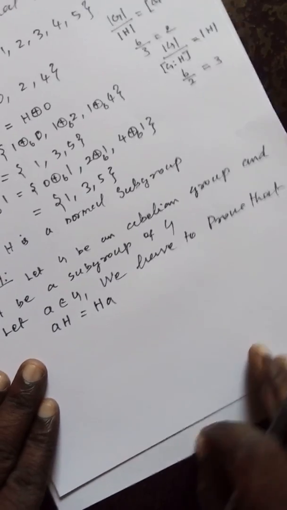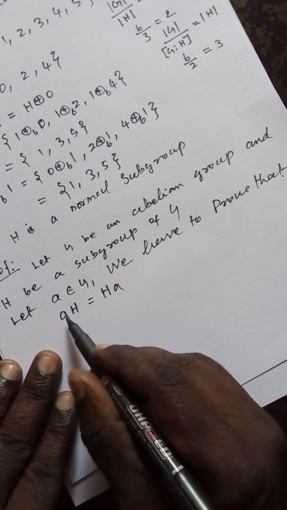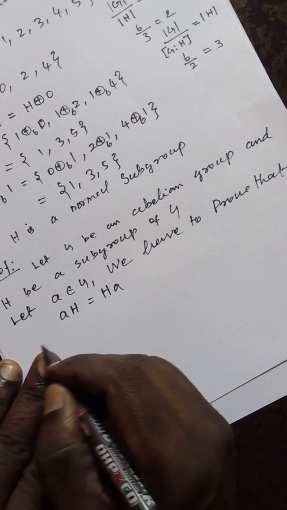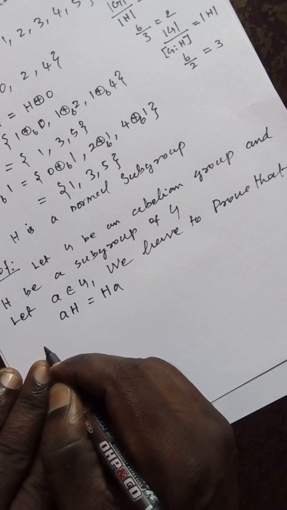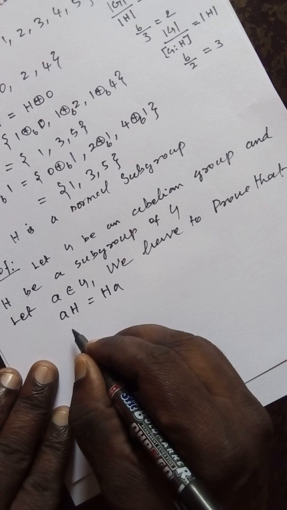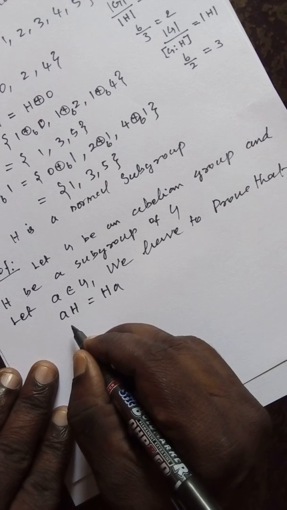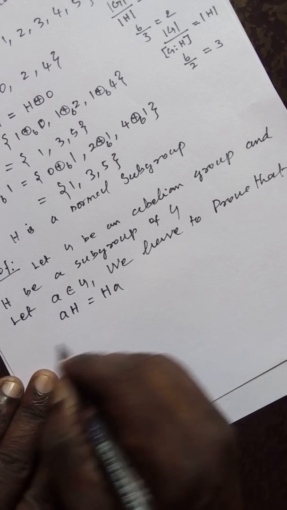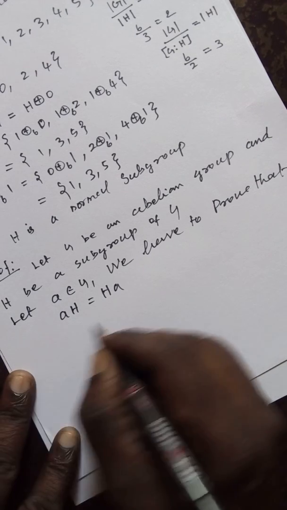This is enough to prove, because by the definition of normal subgroup, for any a belonging to G, aH equals Ha, and H becomes a normal subgroup.